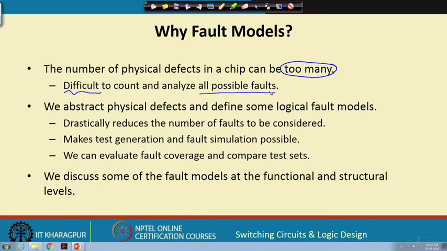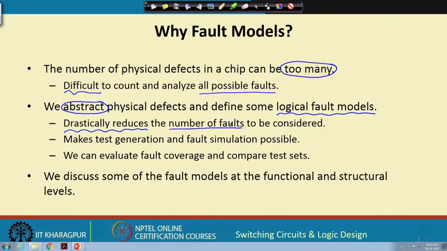Because of this, we do some kind of an abstraction. We abstract the defects and define some so called logical fault models. If we do this, the advantage that we get is the number of faults to be considered can be drastically reduced. We shall see some examples which will support this statement.